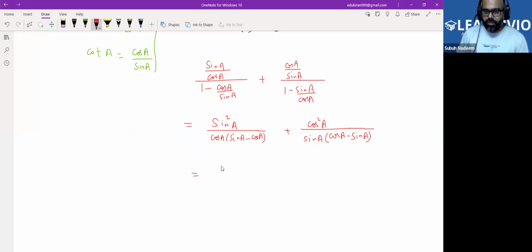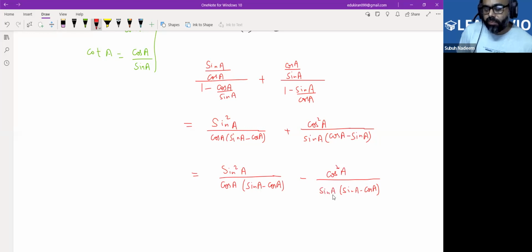So before taking LCM, let us make whatever we can the same. This is sin A minus cos A, and this is cos A minus sin A. If you take a minus sign outside, this will be cos square A by sin A, with sin A minus cos A. So this is how you can write it.